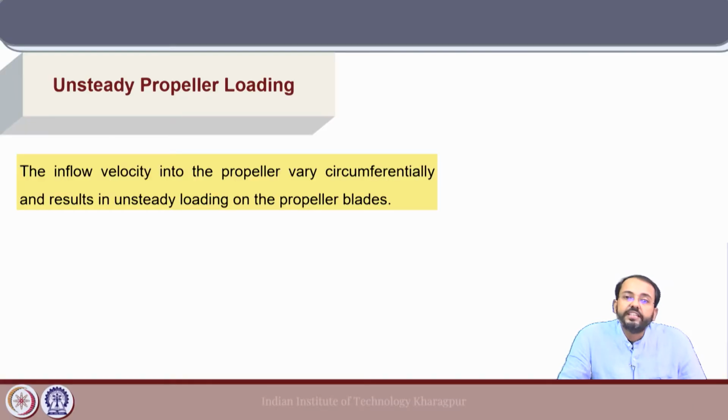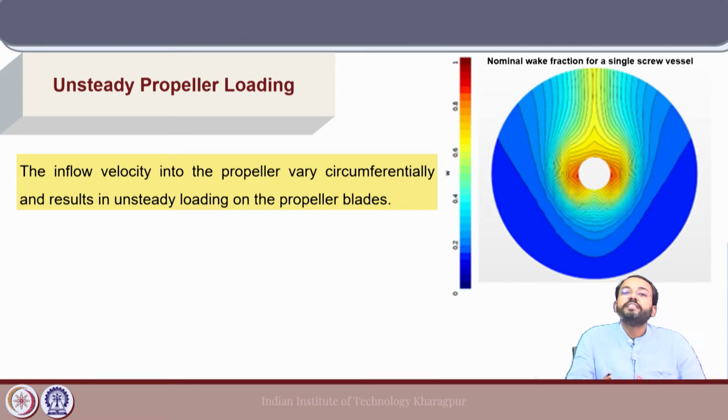The inflow velocity into the propeller varies circumferentially at each radial position on the propeller blade, and we have seen how the wake varies at the propeller position due to the presence of the ship hull. Now, this diagram shows the distribution of nominal wake over the propeller plane.